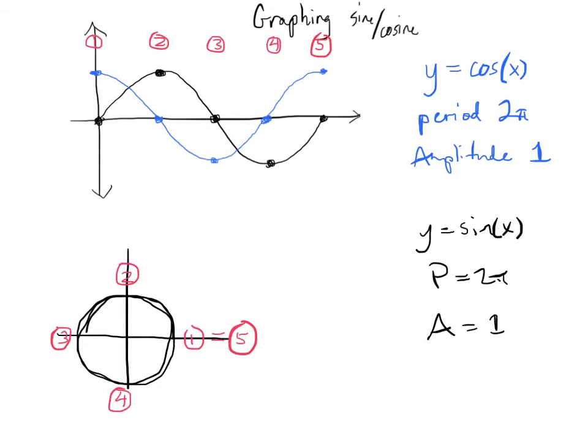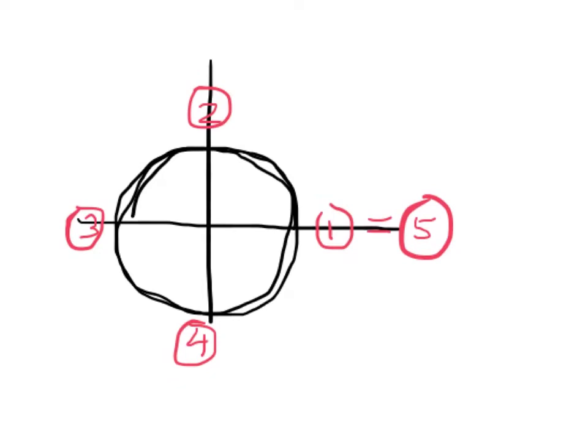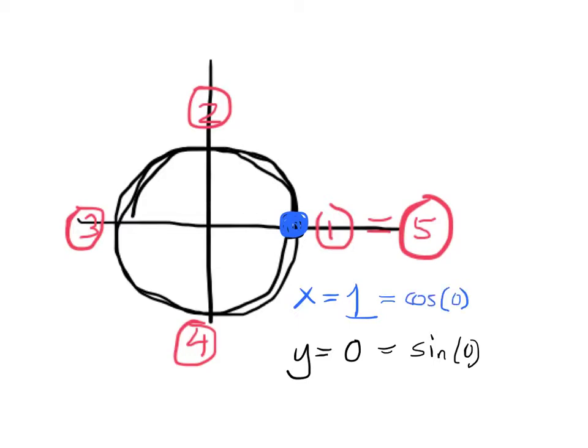I just want to show you that at this point 1, what are the x-coordinate and the y-coordinate? X equals 1, right? Y equals 0. Equals sine of 0, equals cosine of 0.